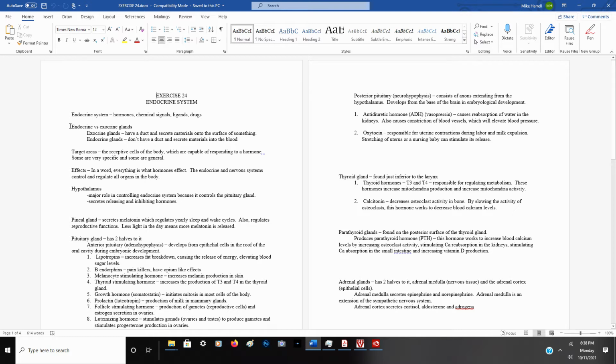Now we'll also look at different types of glands. Back in chapter, I believe it was 4 on tissues, they talked about endocrine versus exocrine glands. Now we're not looking at exocrine glands for this chapter here. Exocrine glands have a duct, so they will secrete something onto the surface of something, skin, inner wall of the stomach, whatever that may be. We're not concerned with those. We're concerned with endocrine glands, endo from within, crino to separate in Latin.